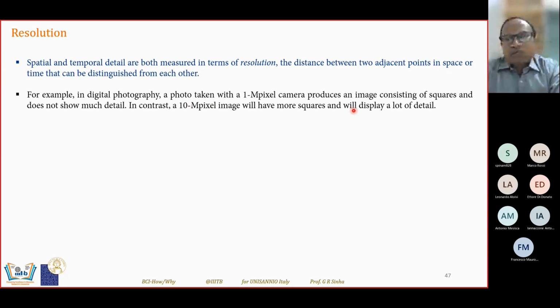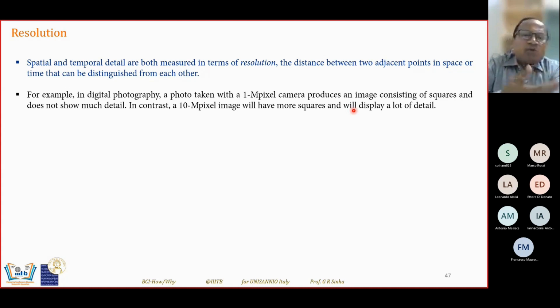Those who know about image processing know it very well. You can compare a color pixel with a gray pixel, a grayscale image. In a color pixel, one pixel can be represented by 24 bits, whereas in a black and white picture, one pixel can be represented by 8 bits.